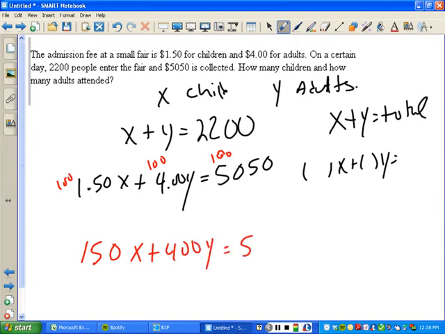You could have just as easily multiplied through by 10. It's up to you. Okay. 10 would have made this 15, and that would have gotten the job done as well.